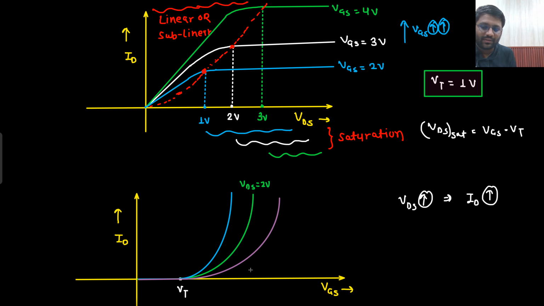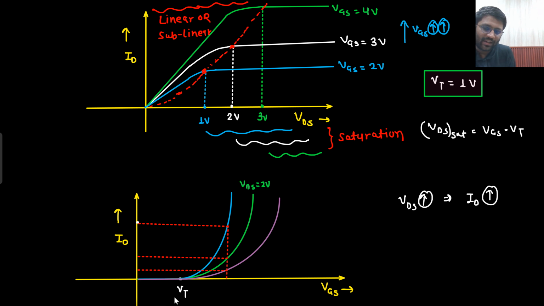So in this scenario, I am getting this much current when VGS is fixed. In this scenario, I am getting this much current. VGS I am fixing at a particular voltage, and in this scenario I cannot even make it. So I will make the current somewhere here. So this VGS I have fixed. Here I am getting this much current, here this much, and here this much.